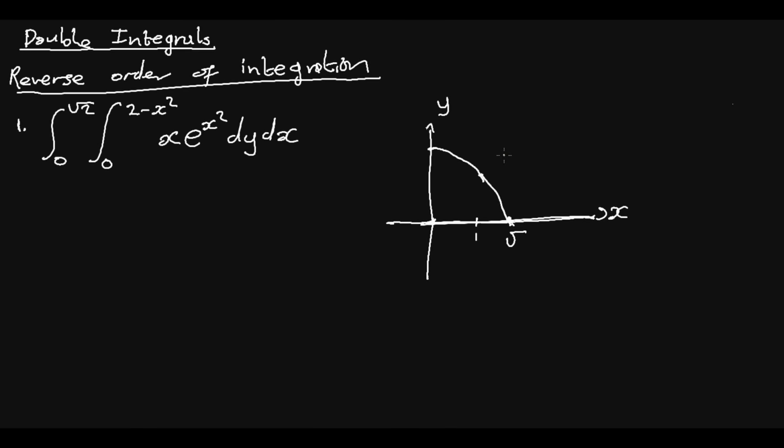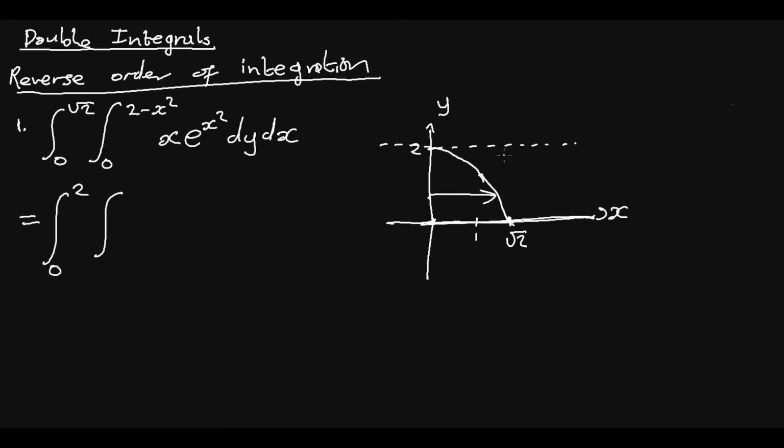Right, so square root 2. Now we want to find the limits, and the y value will be outside now. So this is up to 2. Since the outer limit is the one carrying the constant, what we see here is that y is from 0 up to 2. The x on the other side, x is from 0 up to the curve.